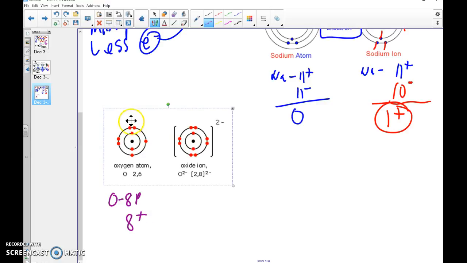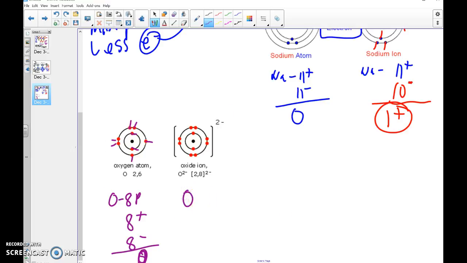And in this case, it's got 1, 2, 3, 4, 5, 6, 7, 8. So it has 8 negative charges because it has 8 electrons. That is the case because atoms always begin with the same number of electrons as protons. Overall, that's a 0 charge. Now over here, I have an ion.